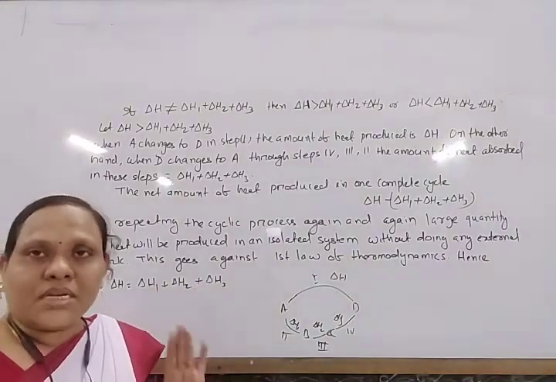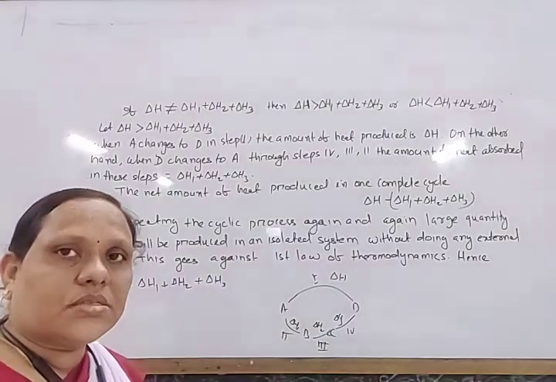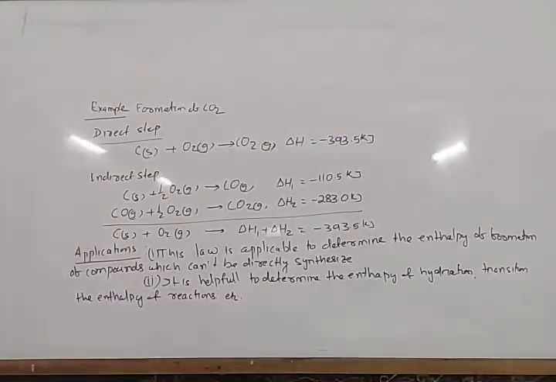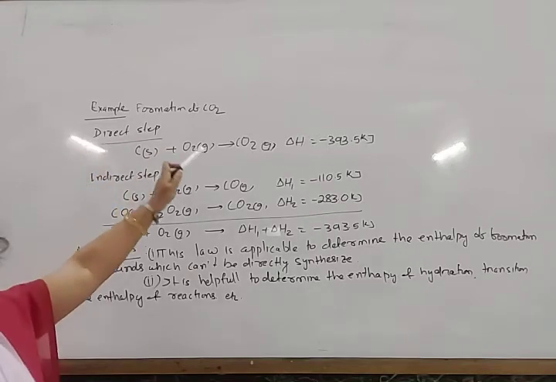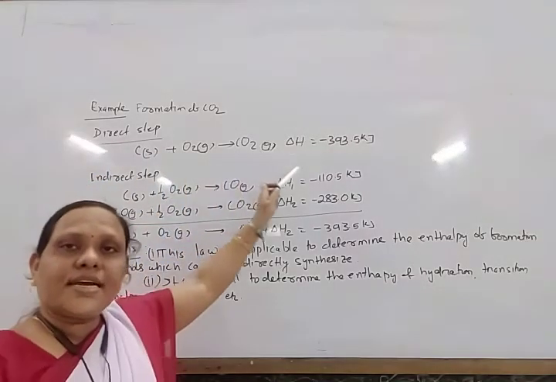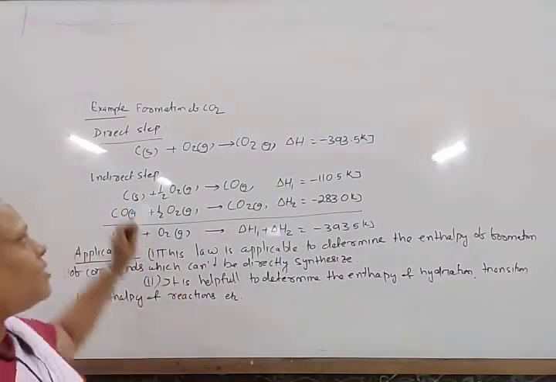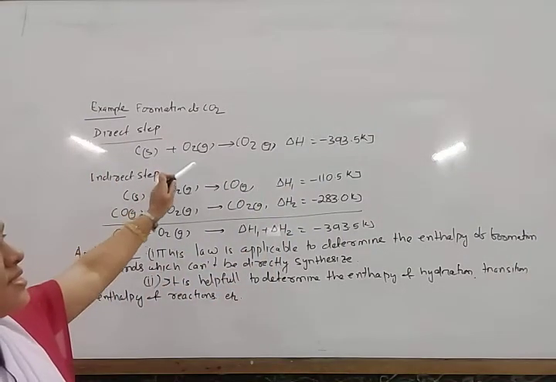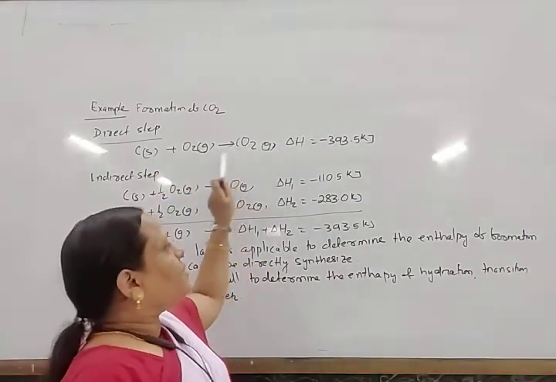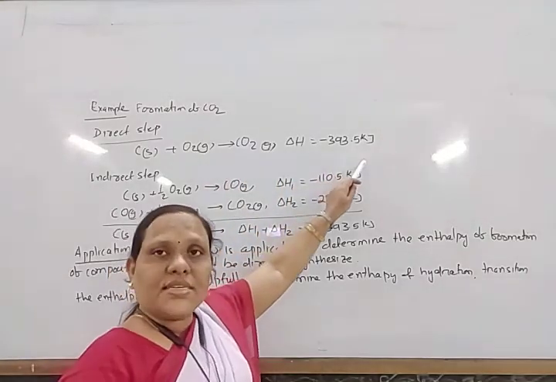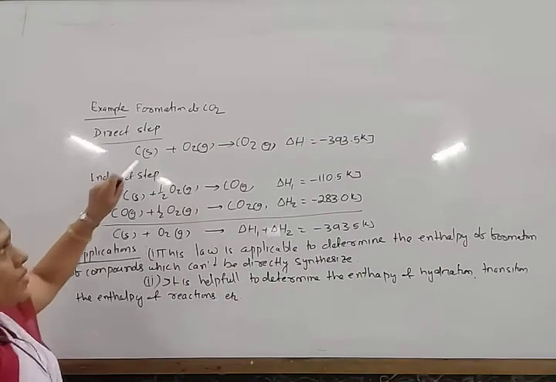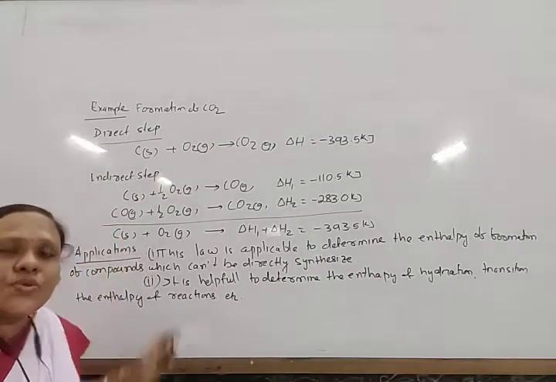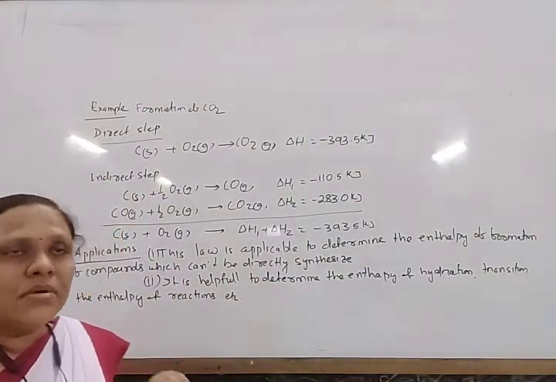Now let us look at some examples and applications. One example is the formation of carbon dioxide. Carbon dioxide can be synthesized directly by burning carbon with oxygen, and ΔH for CO2 is minus 393.5 kilojoule. It can also be prepared indirectly from carbon.